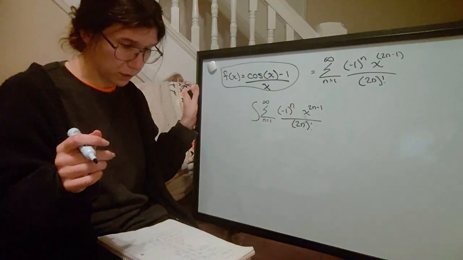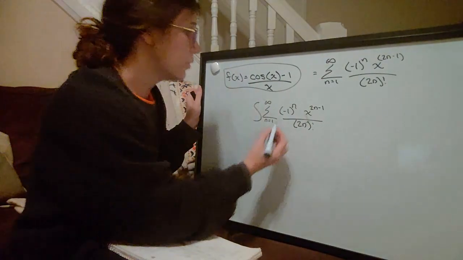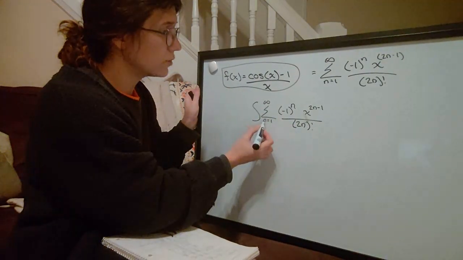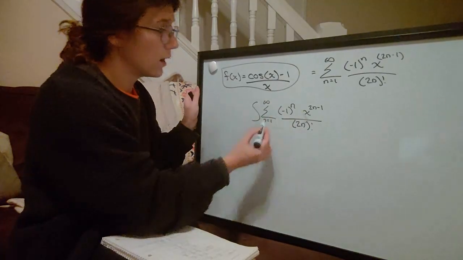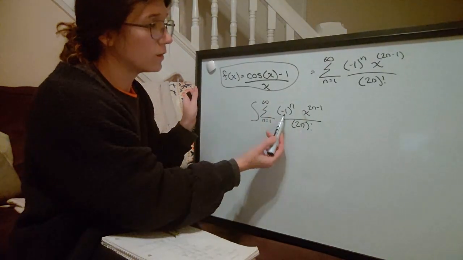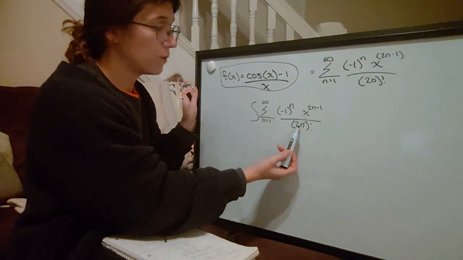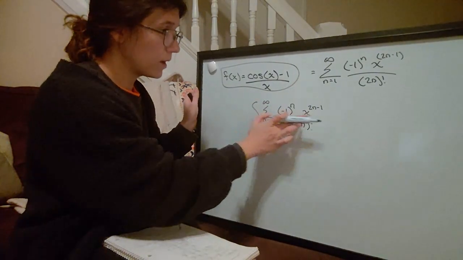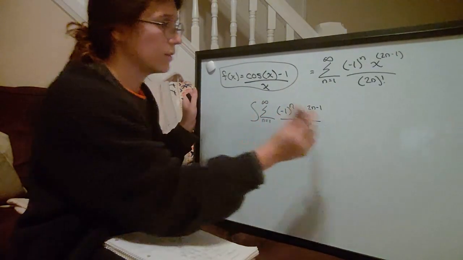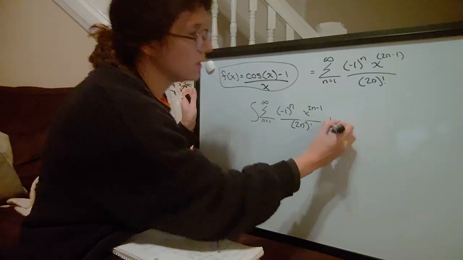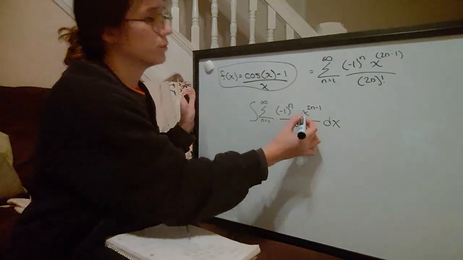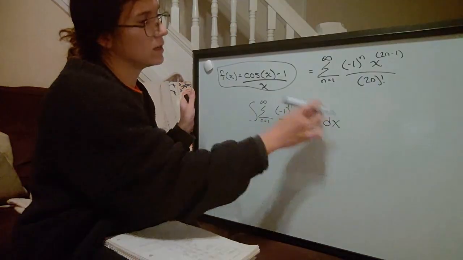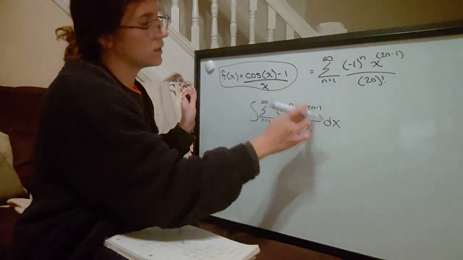That is going to make our life a little bit easier. Since n is just going to increase and turn into a number, this will be negative 1 to such power, and this will be a factorial, however big. But that is not the integral that we are taking with respect to. So the only piece that I actually need to integrate is this piece here.